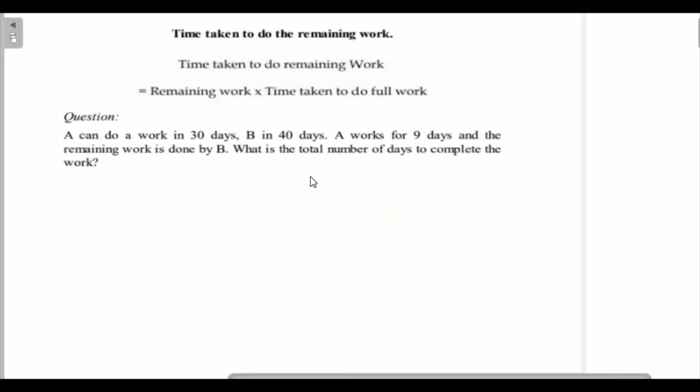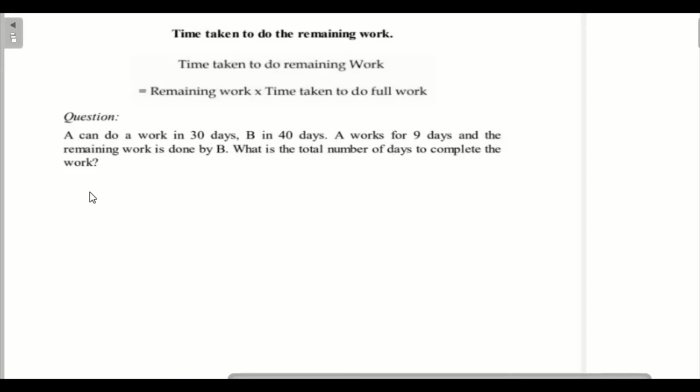So next, time taken to do the remaining work. A can do a work in 30 days, B in 40 days. A works for 9 days and the remaining work is done by B. What is the total number of days to complete the work? Okay.